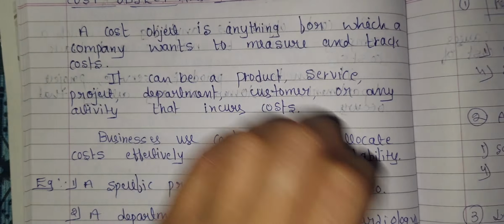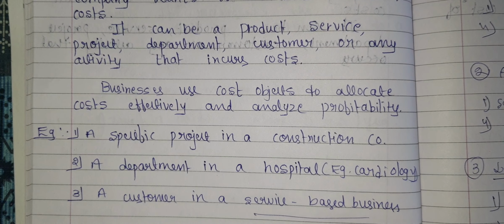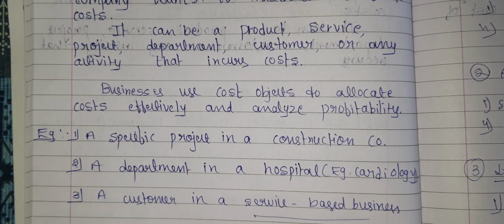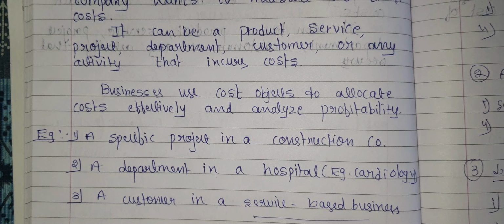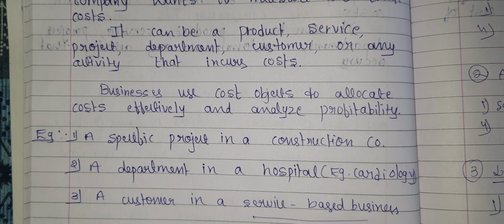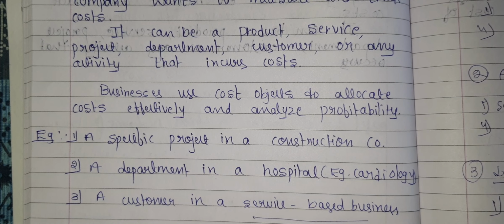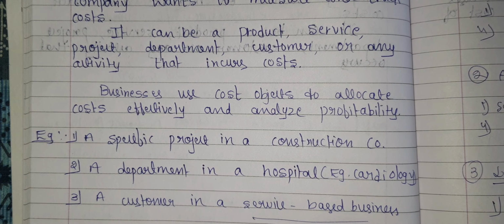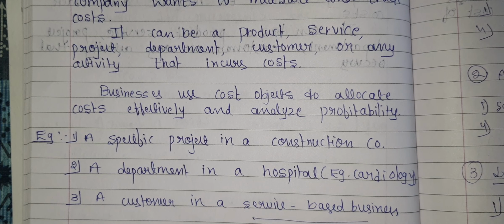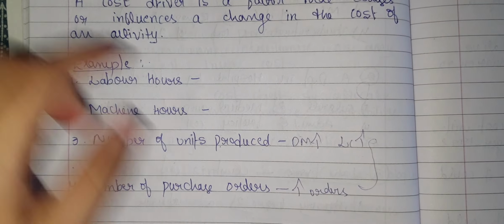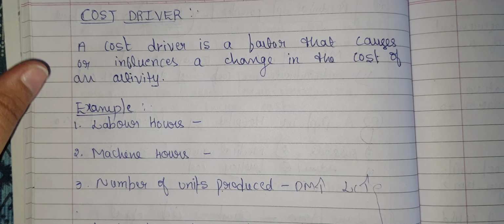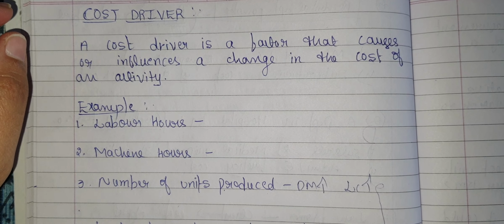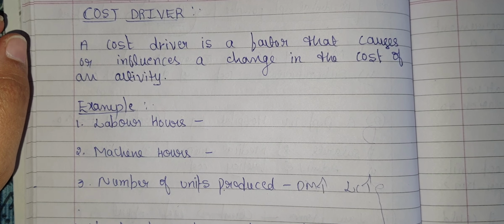But cost object can be a product, service, customer, project, or department, for which we have to track the cost and determine the profitability. But a cost driver is a factor that causes or influences a change in the cost of an activity.